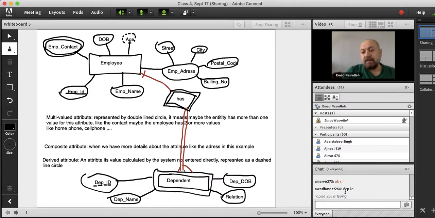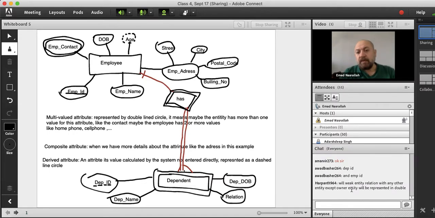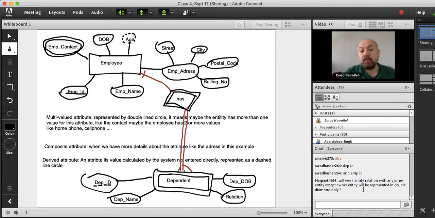Let me read this question. Will a weak entity's relation with any other entity except the owner be represented as double lined? No, not double. Only one double-lined relationship with the owner. Any other relationship the weak entity has will not be double lined.